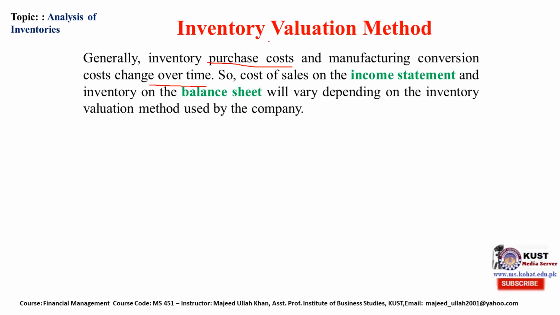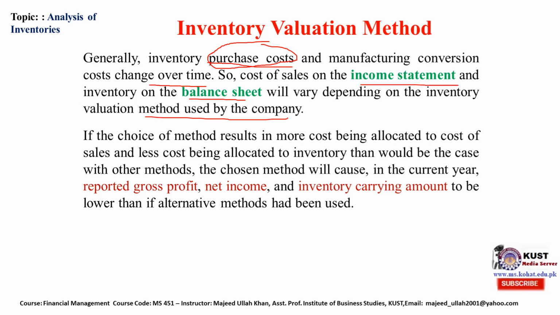If you are a retailer going to purchase inventory, or a manufacturer going to produce finished goods, in both cases the cost is changing over time. So the cost of sales on the income statement and inventory on the balance sheet will vary depending on the inventory valuation method used by the company, because companies will use different valuation methods.